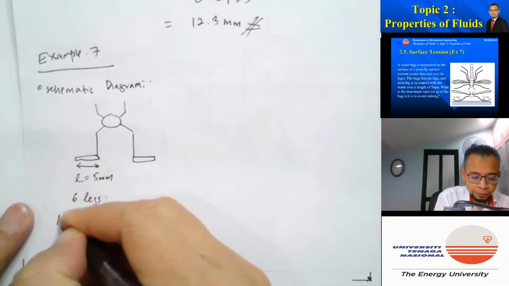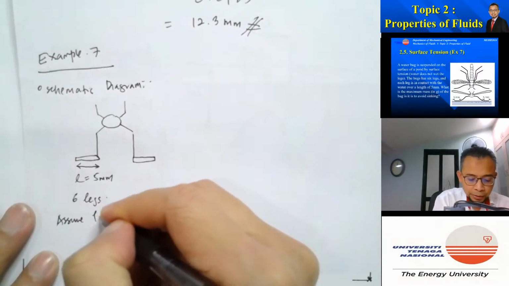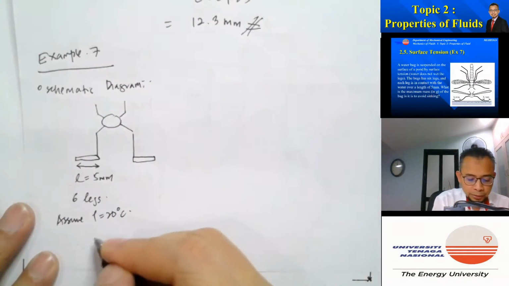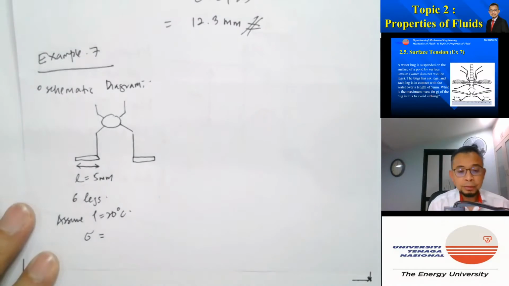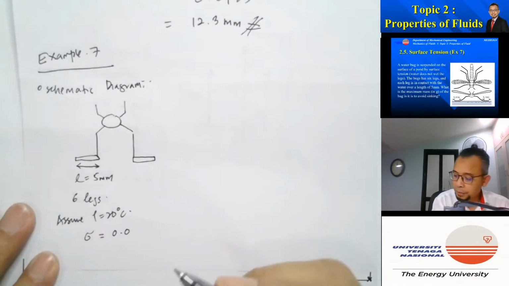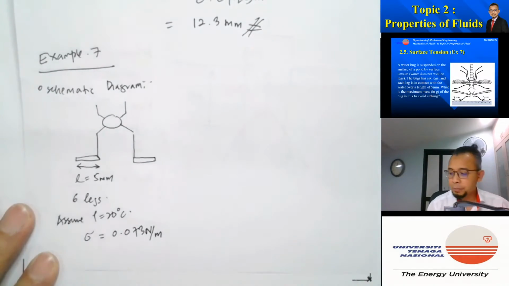Because temperature is not given, I assume that it's 20 degrees C. If I use the surface tension table, sigma is approximately equal to 0.73 Newton per meter.